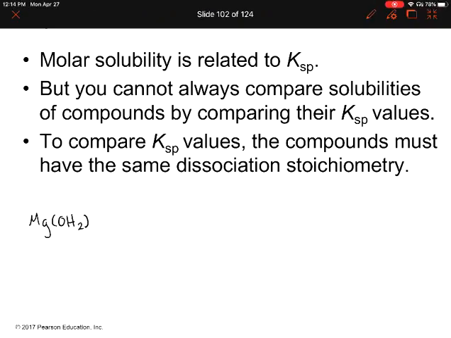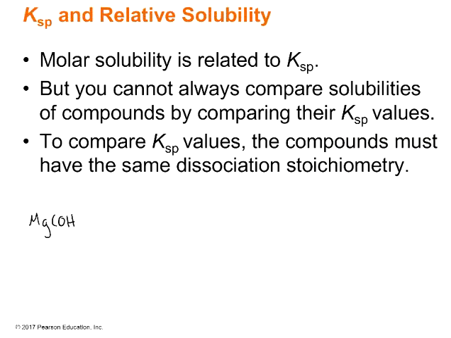Oh, I put the parenthesis outside of the subscript. There we go. And let's say we're comparing that to iron 2 carbonate. We'll write out their KSP values and then their molar solubility values.